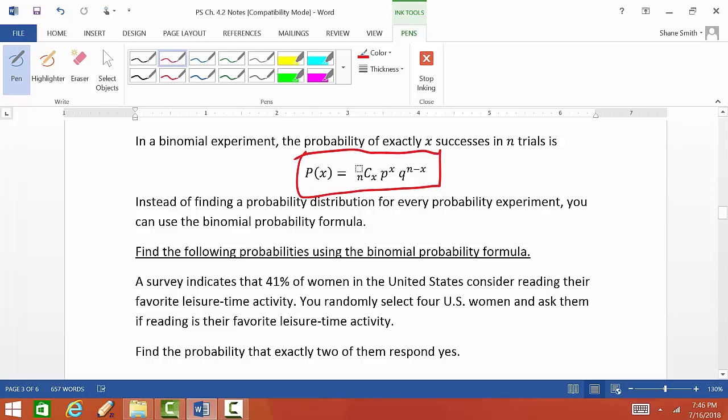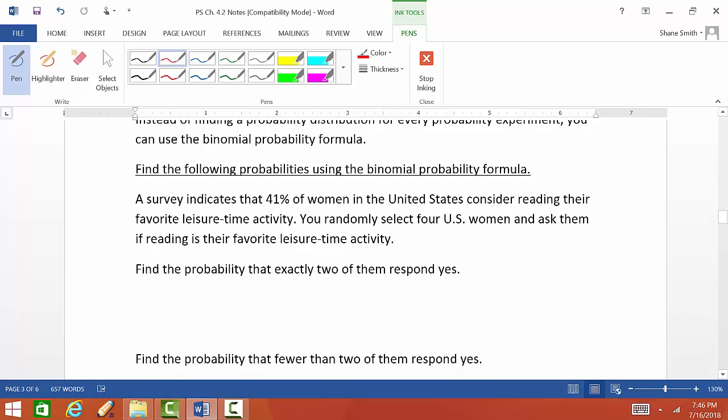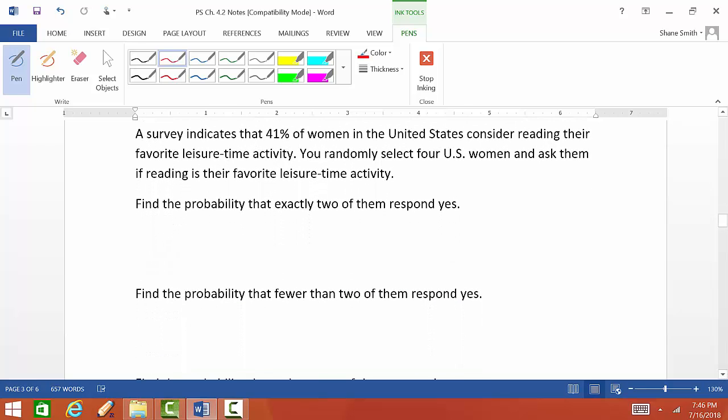So hopefully you paused the video and identified N, P, and Q after you read the question. It says a survey indicates that 41% of women in the United States consider reading their favorite leisure time activity. You randomly select 4 U.S. women and ask them if reading is their favorite leisure time activity. So N is the number of trials that we have.